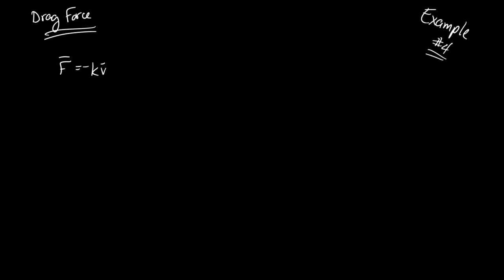You would have a different value for k if you're trying to pass through molasses versus pass through air, right? You would probably have a larger value for k in molasses, because it is more difficult to get through. You would develop a stronger force quicker under lower velocities than you would going through the air. Does that make sense? So for the same value of velocity, there's more drag in molasses than there is in air.